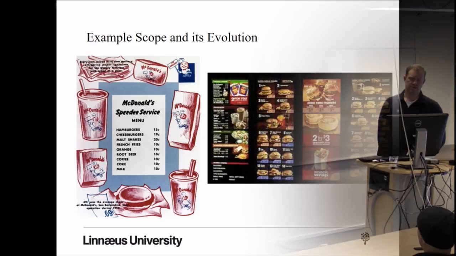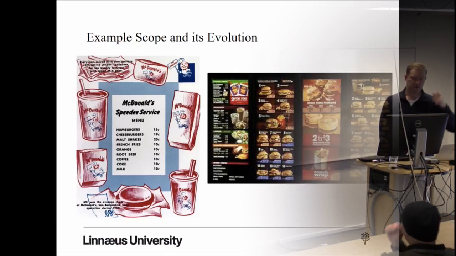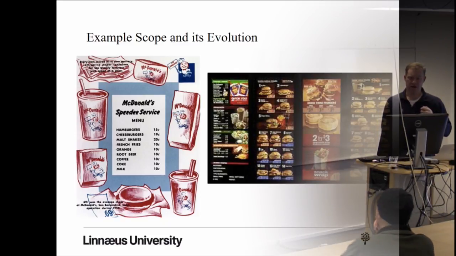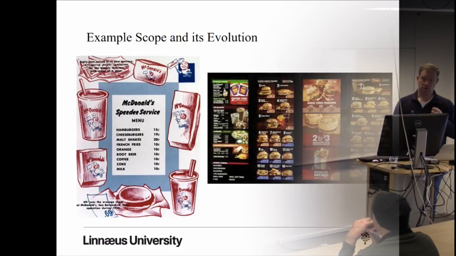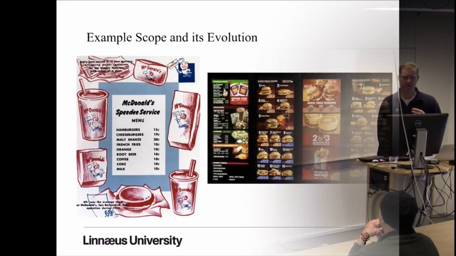Just to illustrate scope and the fact that it may evolve. Here you have the McDonald's menu on the left-hand side during the first years, and then you have a much more recent one. So why are burgers a good example of variability?